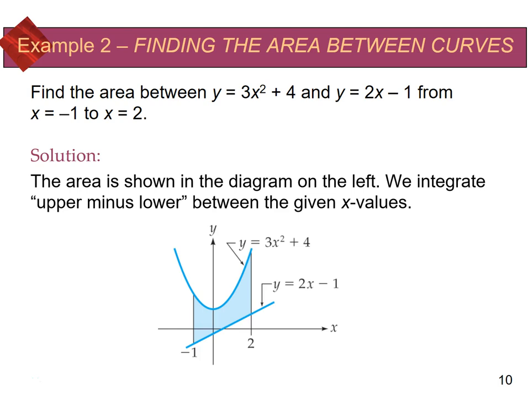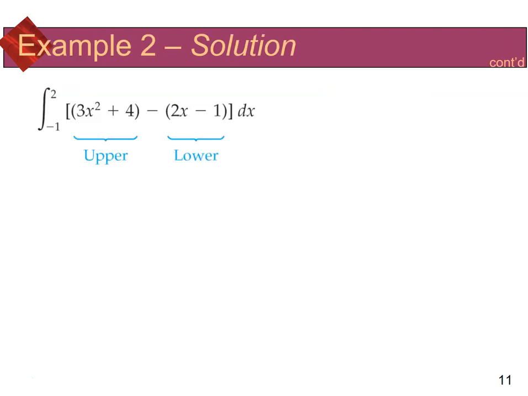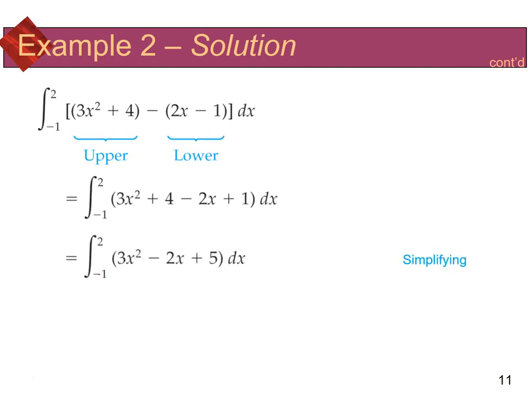So, as we see here, since y equals 3x squared plus 4 is always above y equals 2x minus 1, all I have to do here is set up an integral from negative 1 to 2 of 3x squared plus 4, the upper function, the quadratic one, minus the 2x minus 1. So I would simplify that a bit, and a little further. And now I would do the integral of this.